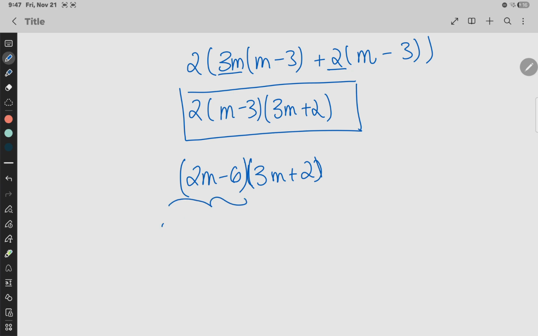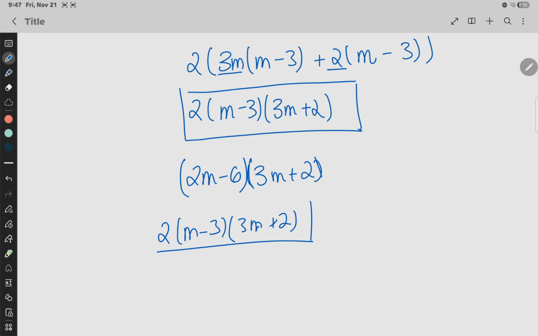You can factor out the 2, and that gives you the same answer, right? So you're going to have to common factor anyways, but I like to do it first. It doesn't really matter, because you would end up with the same answer, but if you don't factor out at the start, then you have to factor out at the end. Okay, you have to take out the 2 at the end anyways.